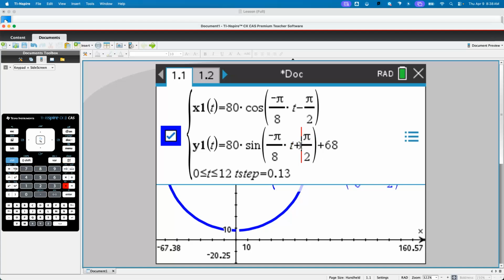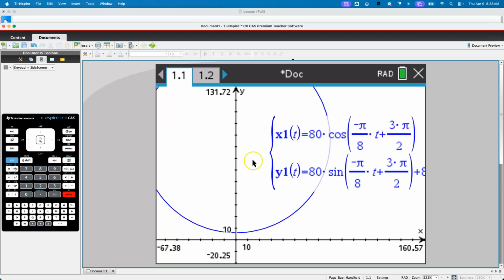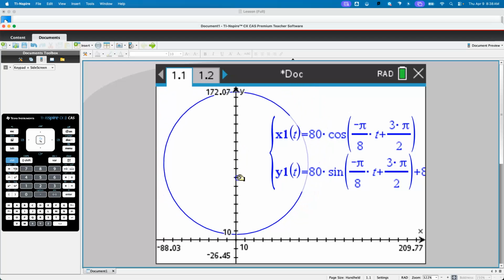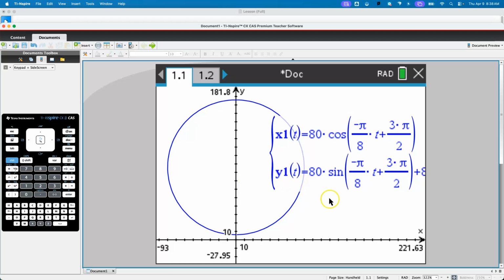Here we went there this time instead of minus pi over 2. Could have done minus pi over 2 also. And here these switched around to 86. This has to be 16. Okay. There it is.